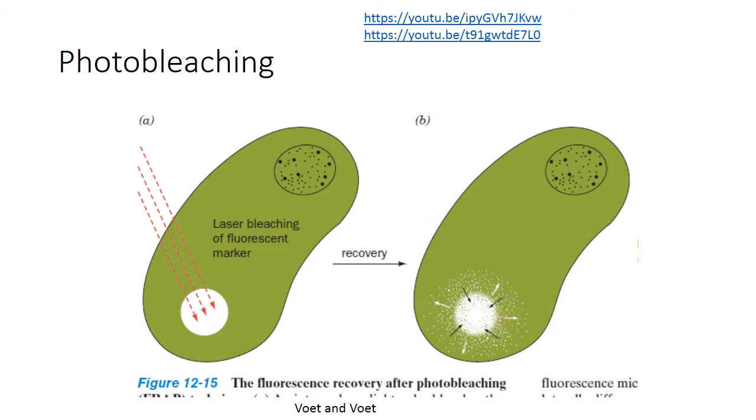So in this manner, we can study the dynamics of molecules, dynamics of membranes, proteins, and other molecules by carrying out photobleaching. First, photobleaching is done, and then we look at the process of recovery of fluorescence in that bleached area. Greater is the mobility of molecules, less is the time required for recovery, and vice versa. So this provides information about the dynamics and mobility of the molecules of interest in a cell.